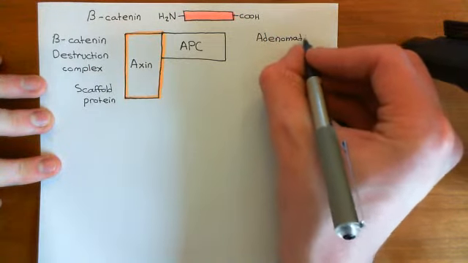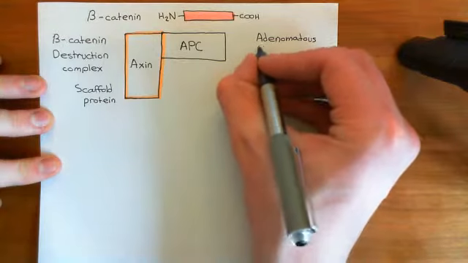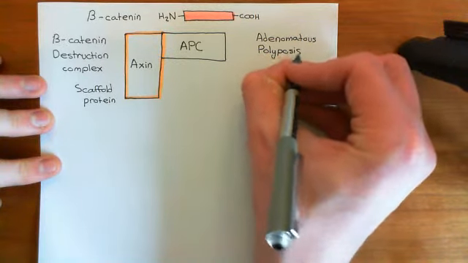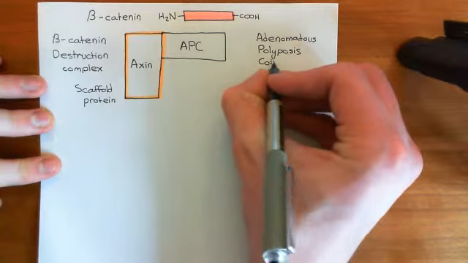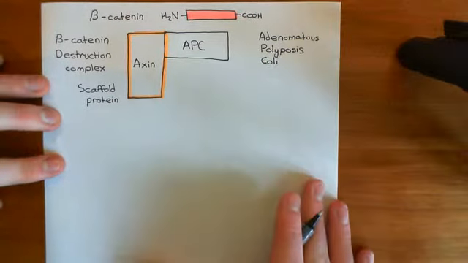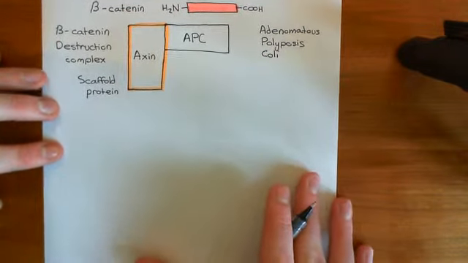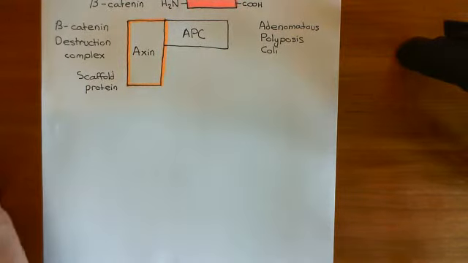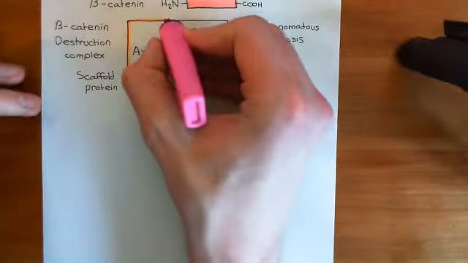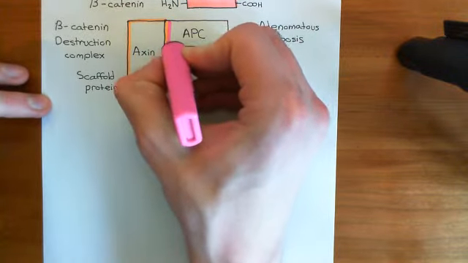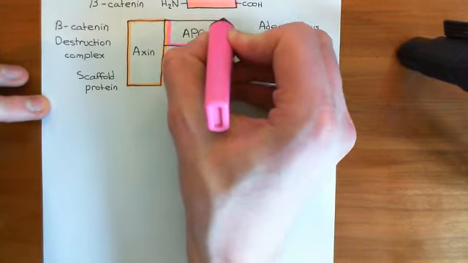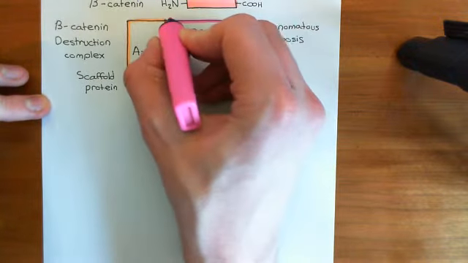The A is for adenomatous, the P is for polyposis, and then the C is for coli. Now, this is named after a hereditary condition which predisposes you to developing colorectal carcinoma, which involves a mutation in this protein.